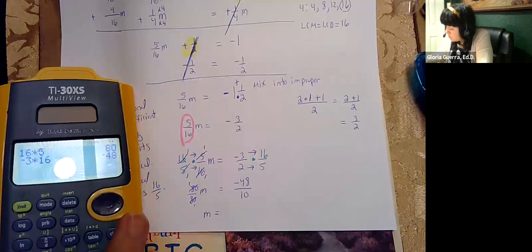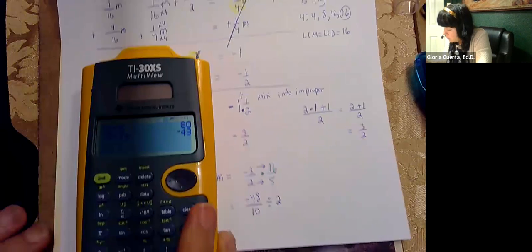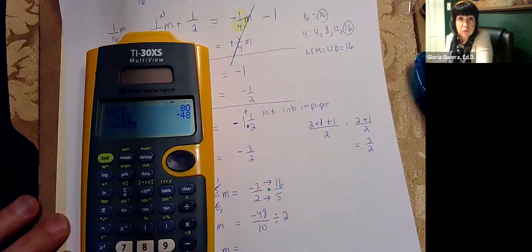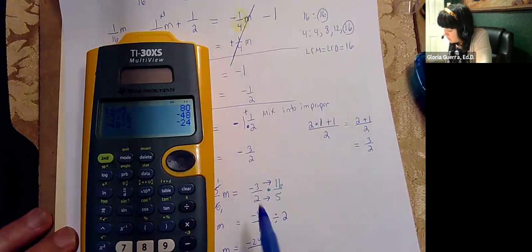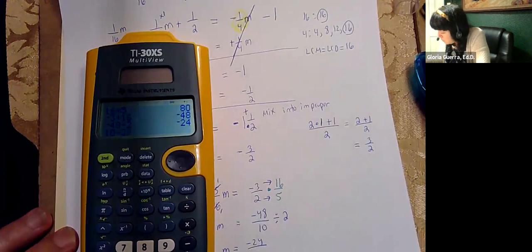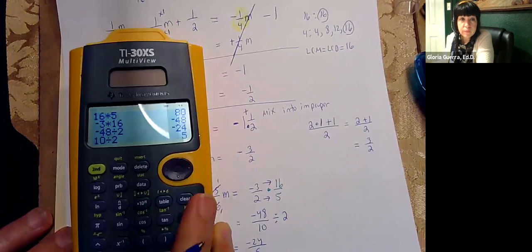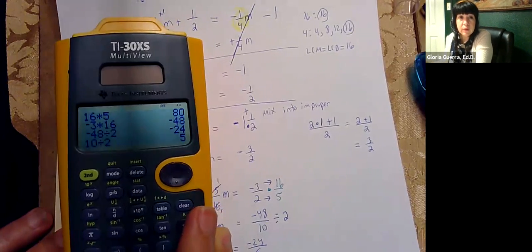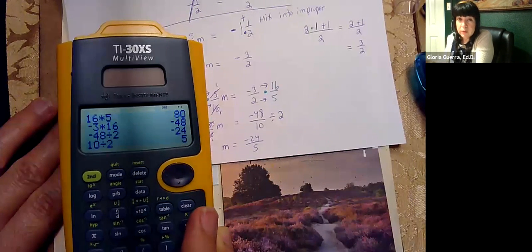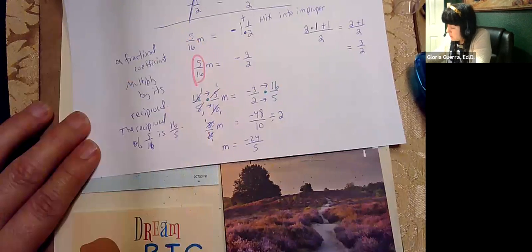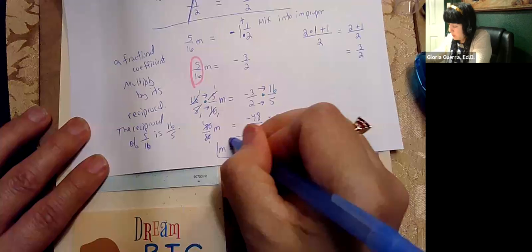And then you just reduce by 2, let's try by 2. -48 divided by 2 is -24, and 10 divided by 2 is 5. Okay. So then this is -24/5.